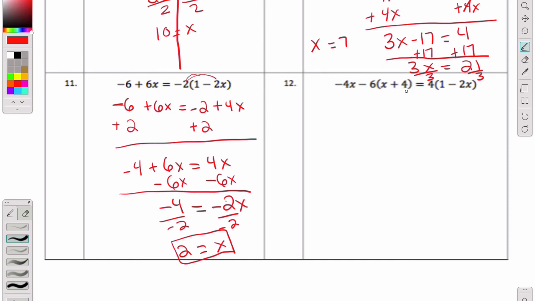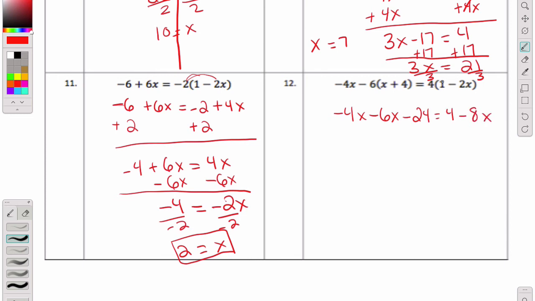All right, very last one. We have a bunch of distributing. So we've got to distribute and distribute. So we end up with 4x minus 6x minus 24 equals 4 minus 8x.